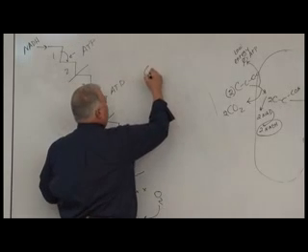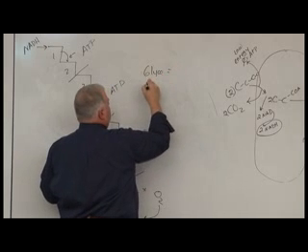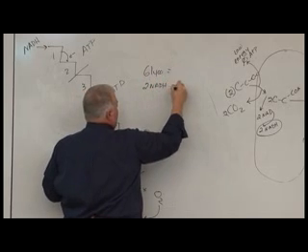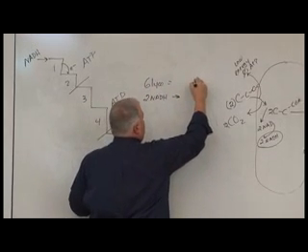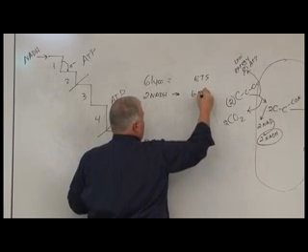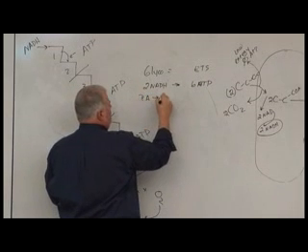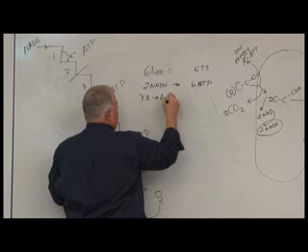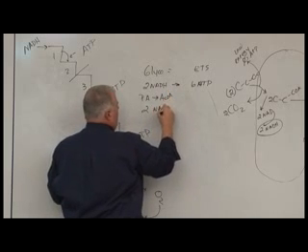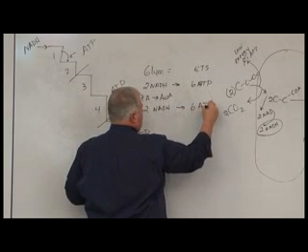So how many do we have from glycolysis? 2 NADHs. So how many ATP are we going to make in the electron transport system? 6 ATP. So how many do we have from the conversion of pyruvic acid to acetyl-CoA? 2. So how many ATP are we going to make? 6.